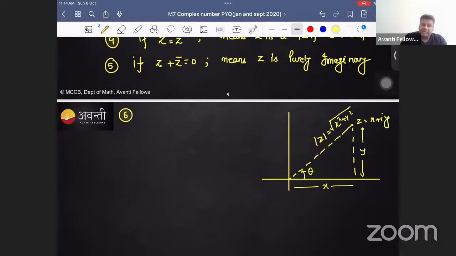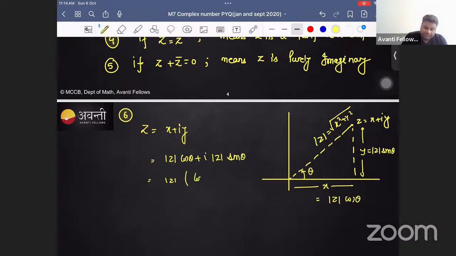Now if this angle is theta, am I correct? So this z, which is x plus iota y, I can write this x as magnitude of z cos theta, and this y as magnitude of z sin theta. So this is mod z cos theta plus iota times mod z sin theta. So this is mod z times (cos theta plus iota sin theta).